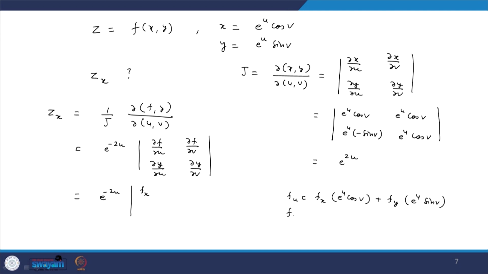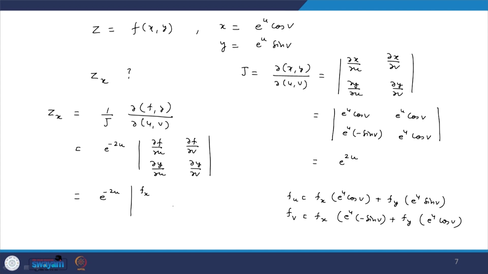And f_v is f_x into del x by del v, that is e raised to power u into minus sin v, plus f_y into del y by del v, that is e raised to power u cos v.